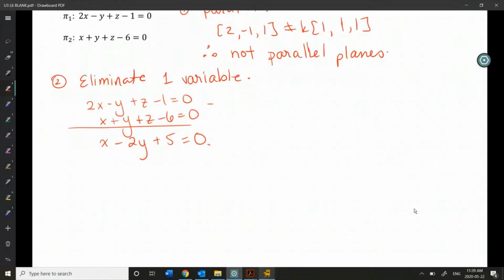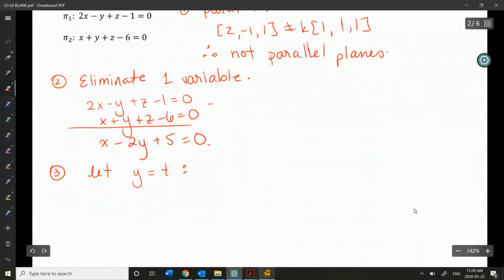Okay, so we've eliminated one variable. Then what you're going to do is choose another variable, either x or y, one of the remaining, to be equal to the parameter t. And because x is kind of isolated by itself, I'm actually going to choose y to be the t parameter here, because x will be really easy to isolate in terms of what's left in this equation. So I'm going to let y equal t here.